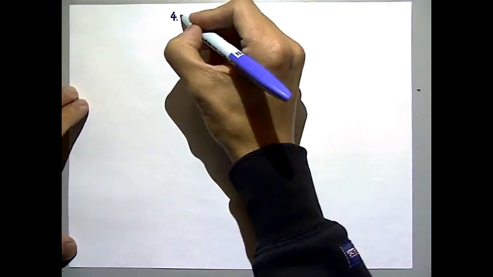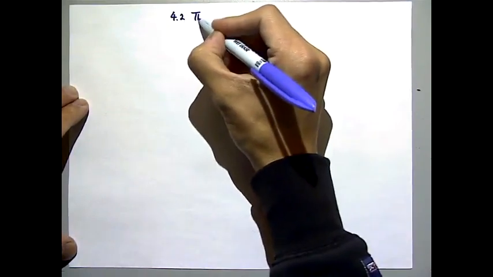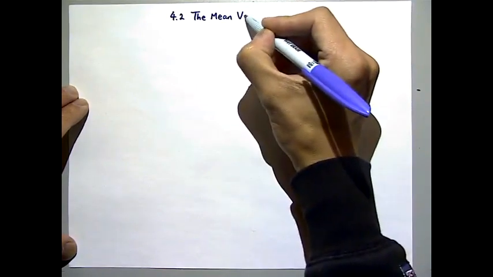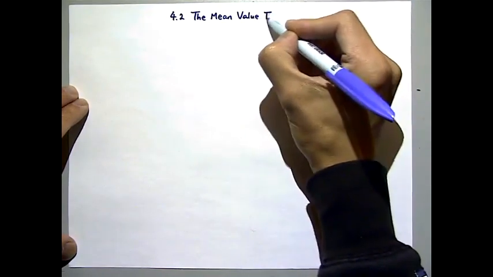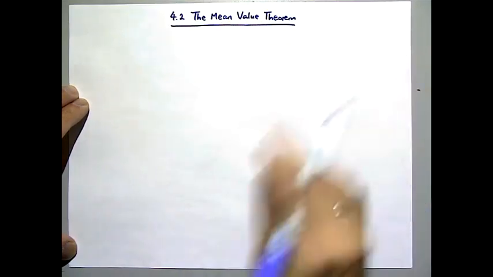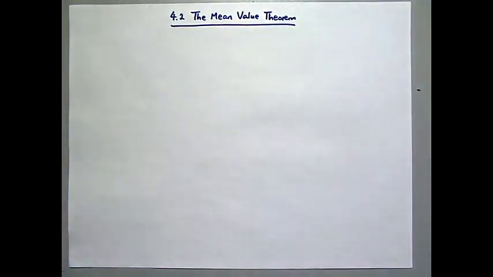Today we're going to look at section 4.2. We're going to look at this thing called the mean value theorem.